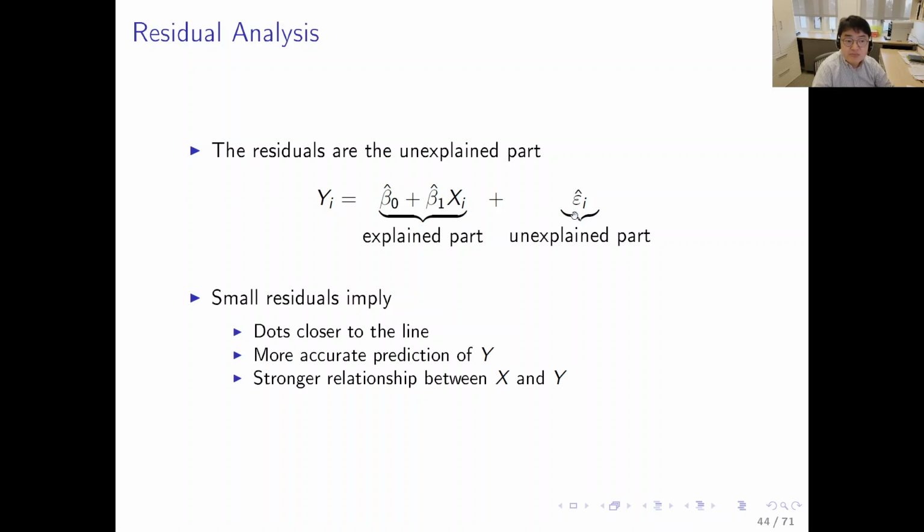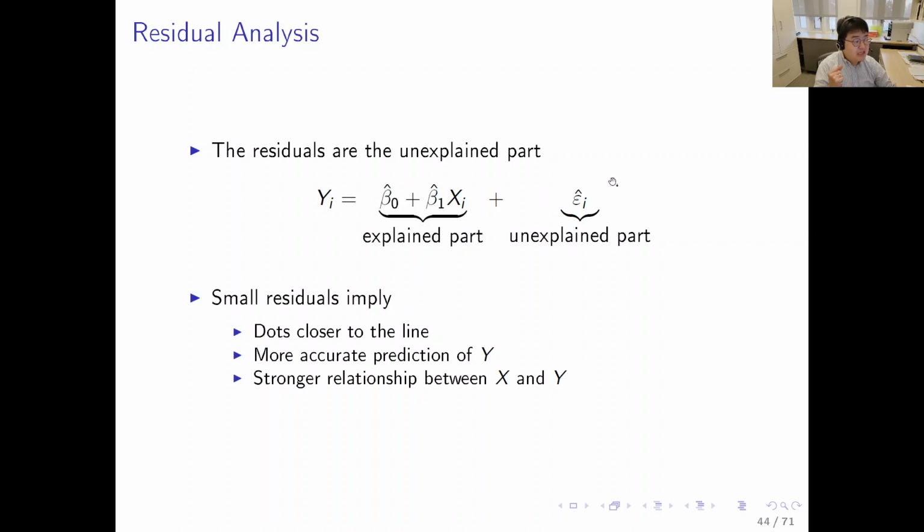That is the unexplained part of the observed outcome, right? So the observed outcome is decomposed into explained part plus the unexplained part, okay? Then obviously, we would like to maximize the portion of the explained part, and minimize the portion of the unexplained part. That is our goal.